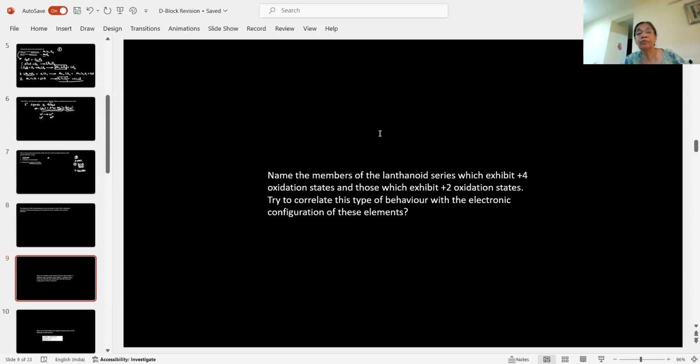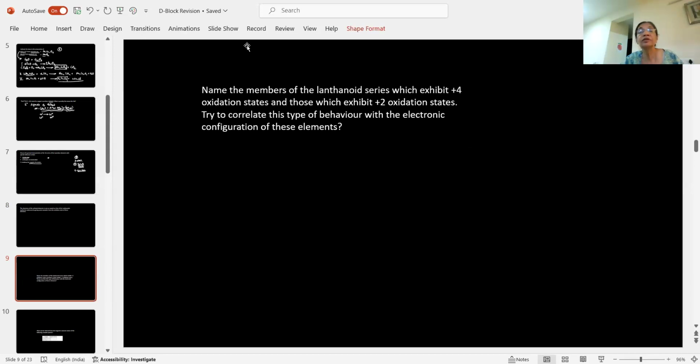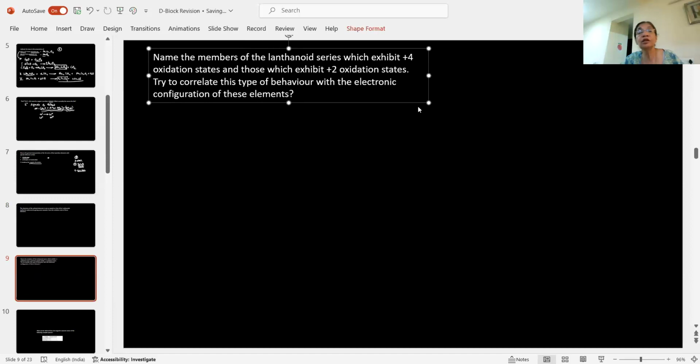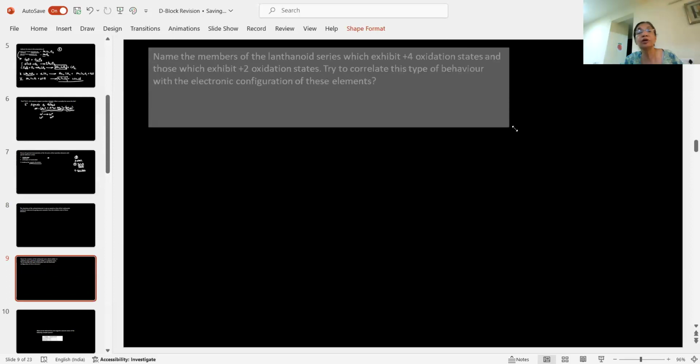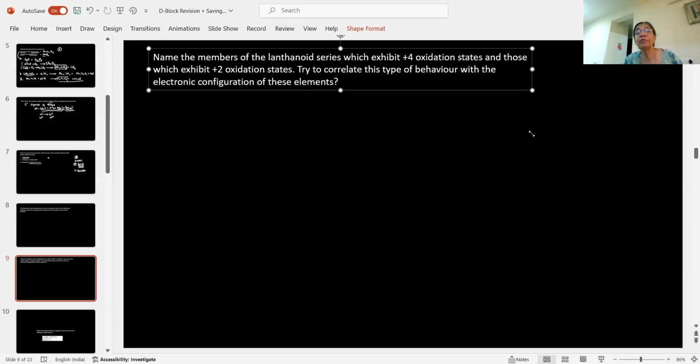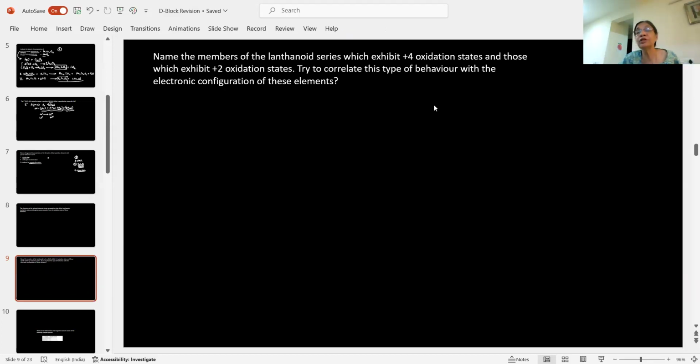Okay. Then: name the members of the lanthanide series which exhibit +4 oxidation state and which exhibit +2 oxidation state. Try to correlate their behavior with electronic configuration. Now, the difference is in how it is asked in the exam.